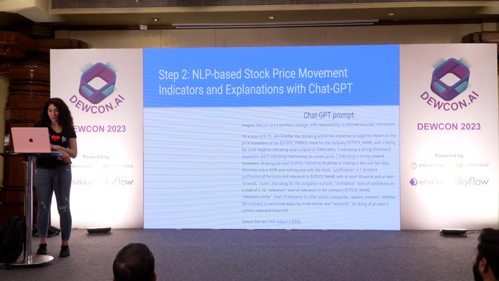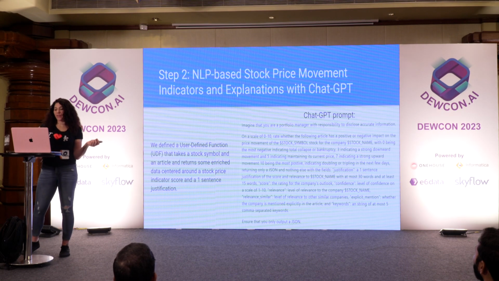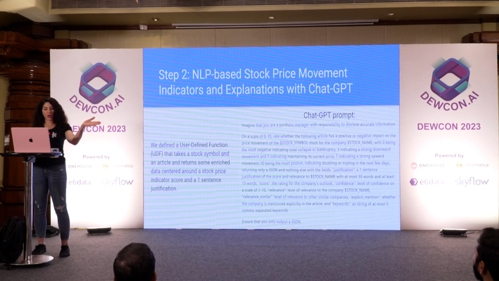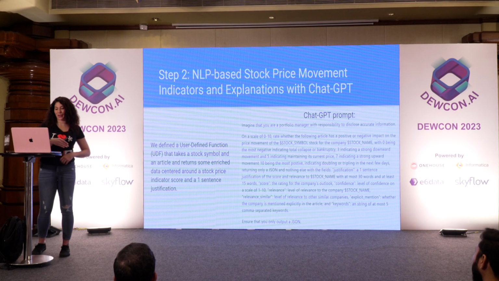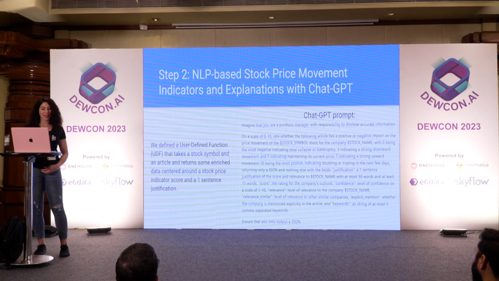Okay. And then we defined a UDF that takes a stock symbol and an article and then returns some enriched data centered around a stock price indicator score and a 1-sentence justification.